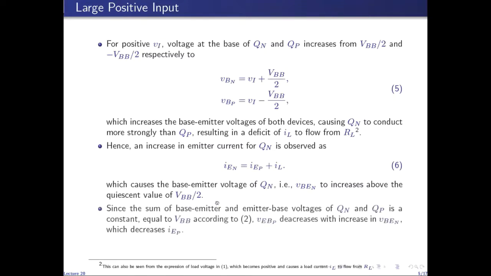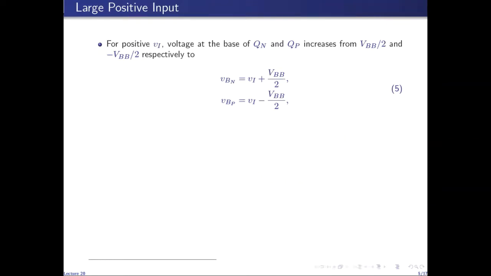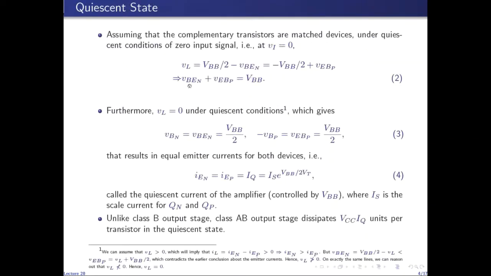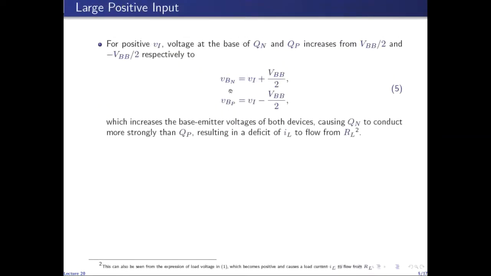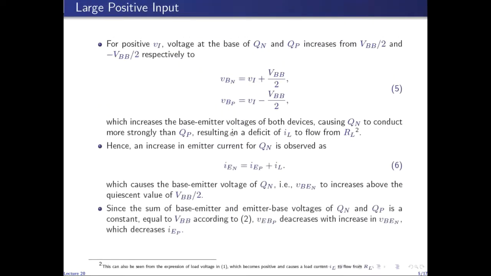So from this equation, the base emitter voltage of QN plus the emitter base voltage of QP is always a constant equal to VBB, so an increase in VBE of N will decrease VEB of P. So increased conduction in QN will cause the emitter base voltage of QP to decrease, which will gradually decrease the emitter current IEP through QP.